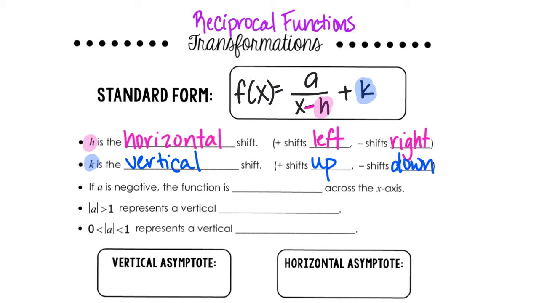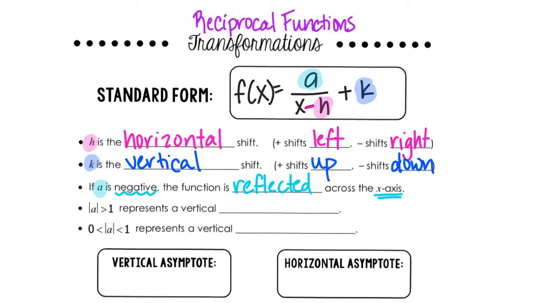The next piece of the transformation is a. And a is your numerator. Sometimes a is 1, and sometimes a has a sign. So if a is negative, the function is reflected across the x-axis.